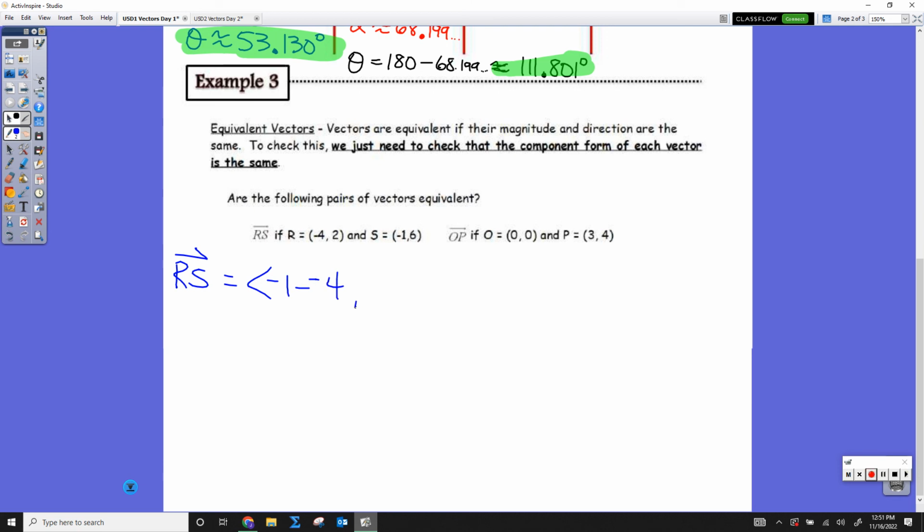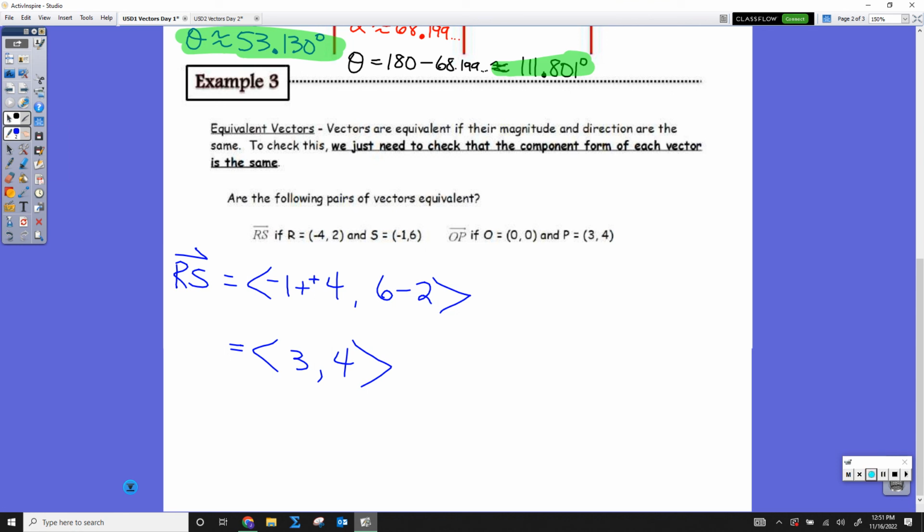What's the y component going to be? 6 minus 2, a vertical component. So it looks like we have -1 plus 4, which is 3. And the last one is 4. So the RS component vector would be 3, 4.